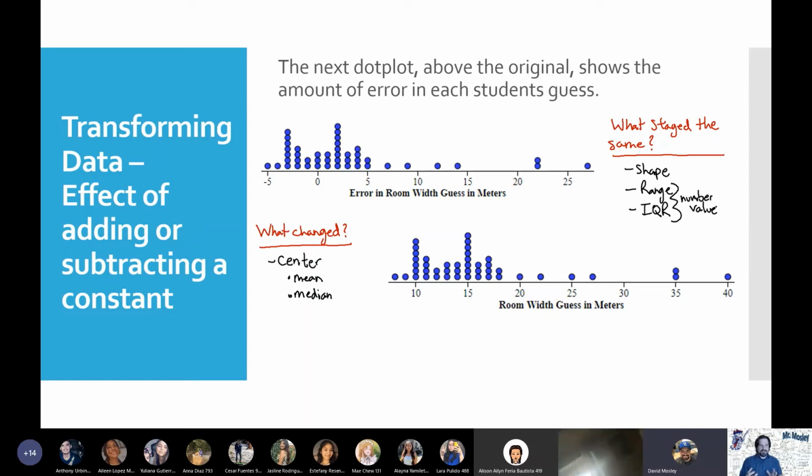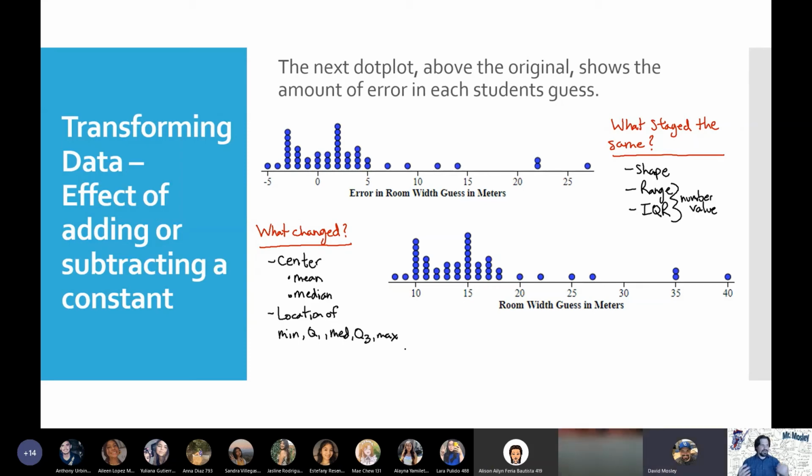Now, the location of these values has shifted.